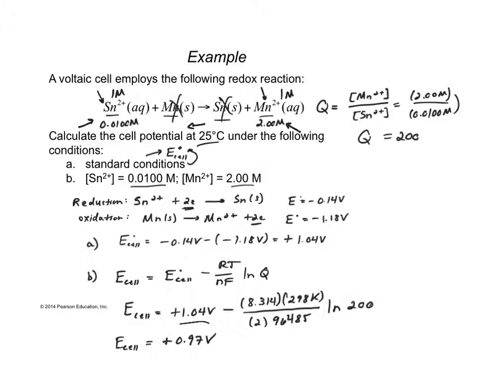It was spontaneous with 1 and 1, nice and big. We've increased a product and decreased a reactant, so it wants to shift a little bit back to the left. That's why we see this overall decrease in the potential between the two half cells. We're pushing the electrons a little bit back to the anode.